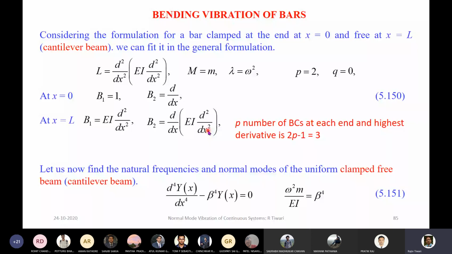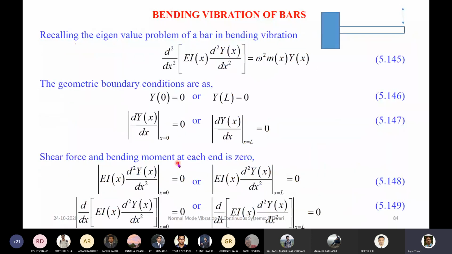Now we will solve the eigenvalue problem for the cantilever beam case. For different boundary conditions, the solutions will be different. So we are considering a uniform beam. When we say uniform beam, EI will not be a function of x, so this will come out. M will not be a function of x, this will be constant, that is per unit length.